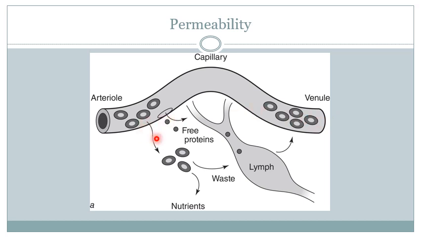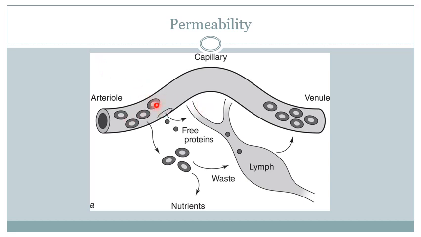Now, under normal circumstances, some free proteins actually do escape. So you say, well, if free proteins escape, why wouldn't that cause swelling? Well, if there are no obstructions and circulation is normal, the lymphatic system will pick all that up and get rid of it. Again, this is a normal, healthy person. This isn't describing what happens with injury.